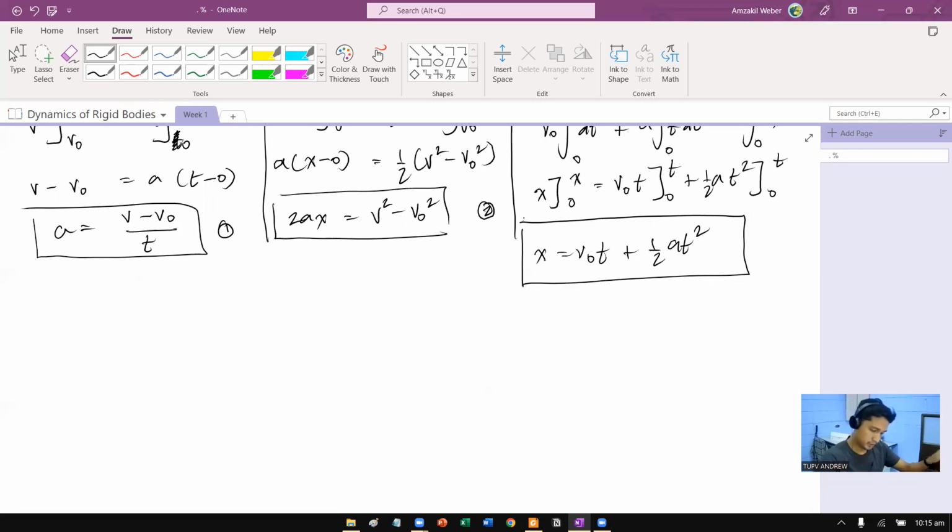For the first equation, if a is equal to 0, then v is equal to v naught, meaning the velocity doesn't change, which is case 1. For number 2, if a is equal to 0, this again results in v equals v naught, case 1 again. For equation number 3, if we set a equal to 0, this would result in x equals v naught t, which means the initial velocity is equal to the position over time.